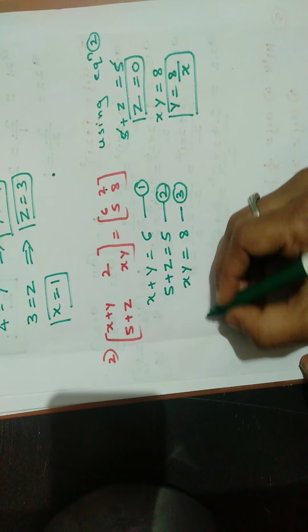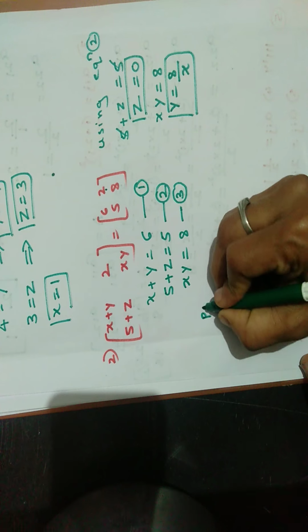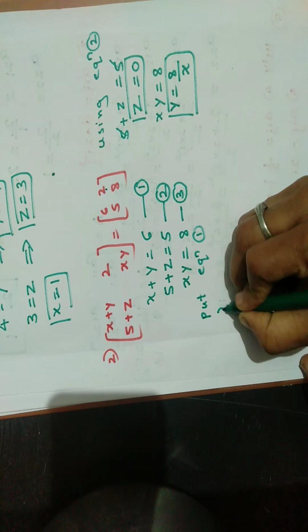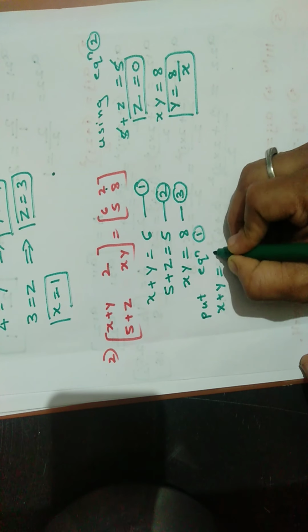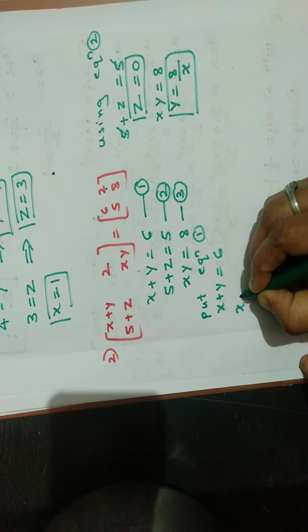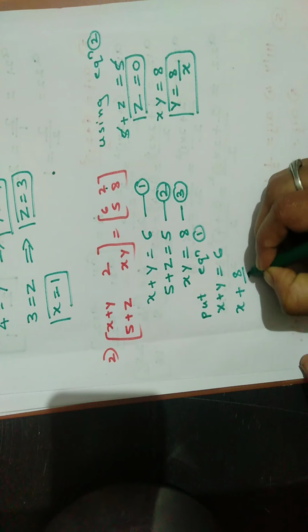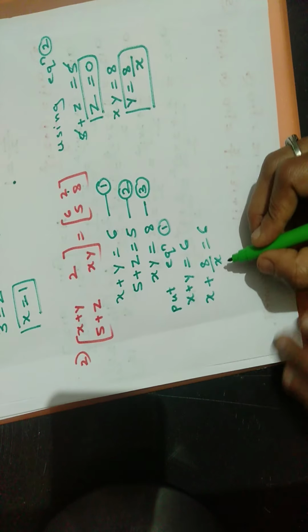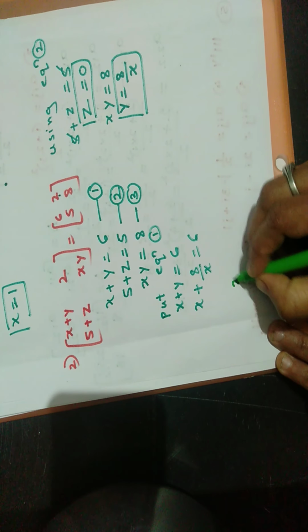Put in equation 1. Here x plus y is equal to 6. In this, x plus 8 by x is equal to 6, in place of y we write 8 by x. Next, we take the LCM, that is x as the LCM.